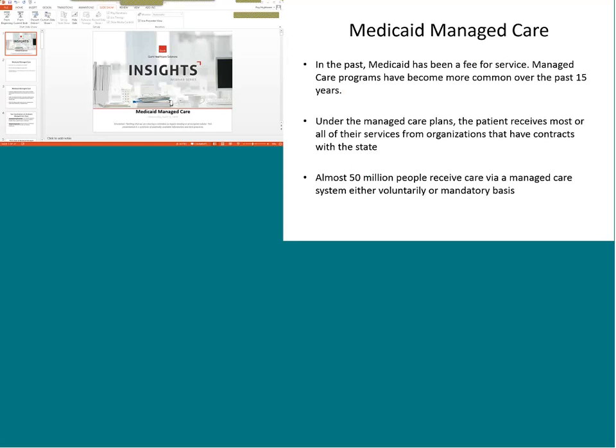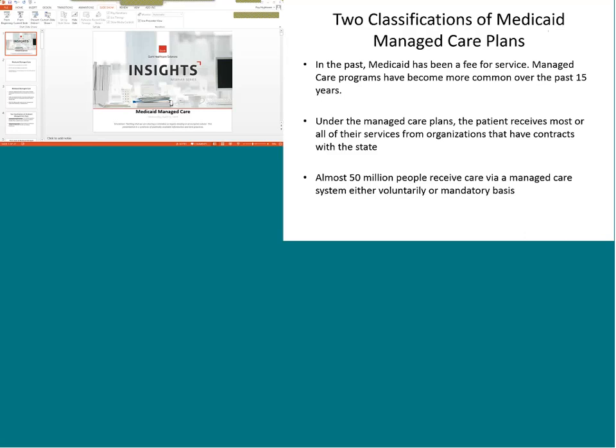Medicaid is generally geared towards poor individuals with socio-demographics based on a threshold set by each state. But under the managed care plans, the patient receives most of their care from these organizations that have contracts with the state, and I'll get into those contracts in a little bit. Overall, 50 million people receive their care via managed care, either voluntarily or mandatorily.